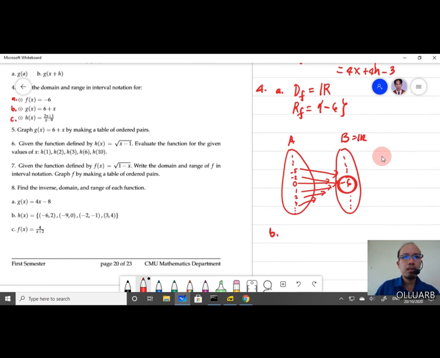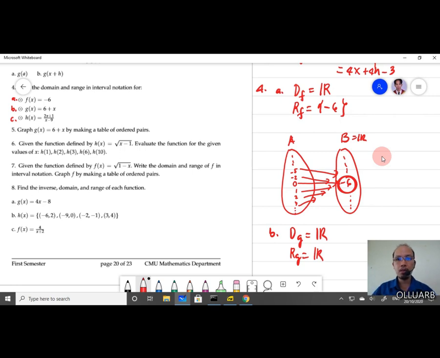For letter B, we have the domain of the function. This is a linear function which does not have a variable in the denominator, meaning to say this is always defined for all values of x. So this is the set of real numbers, while for the range, if you study your module, the range of the linear function is the set of real numbers.